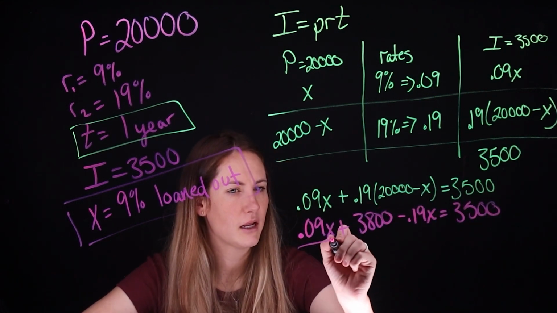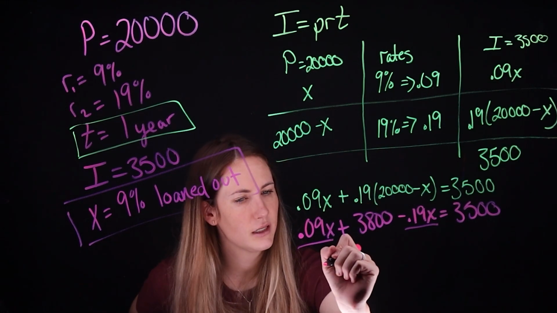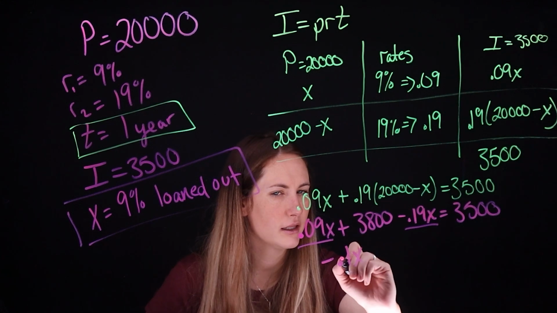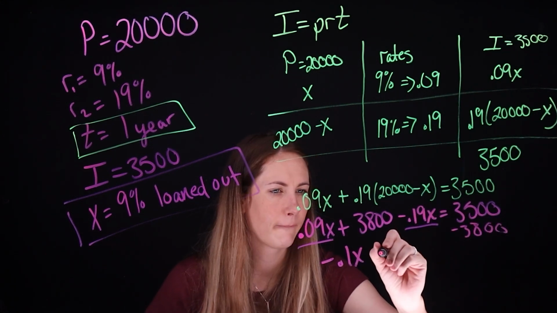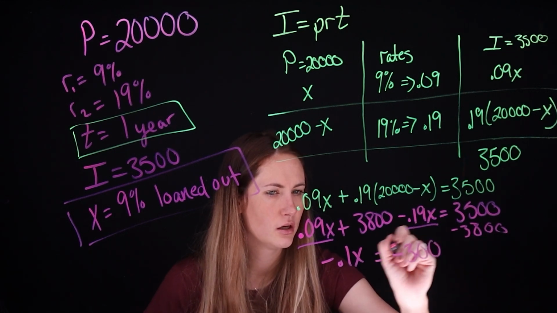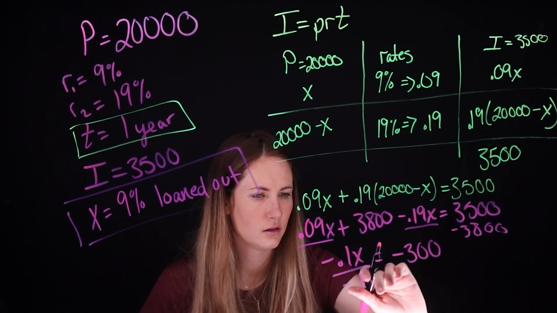Now I'm going to combine my x's. So 0.09 and negative 0.19 would give me negative 0.1x, and that's okay that this is negative because when I subtract 3,800 over here, I'm going to end up with negative 300. Then I divide by this negative 0.1.